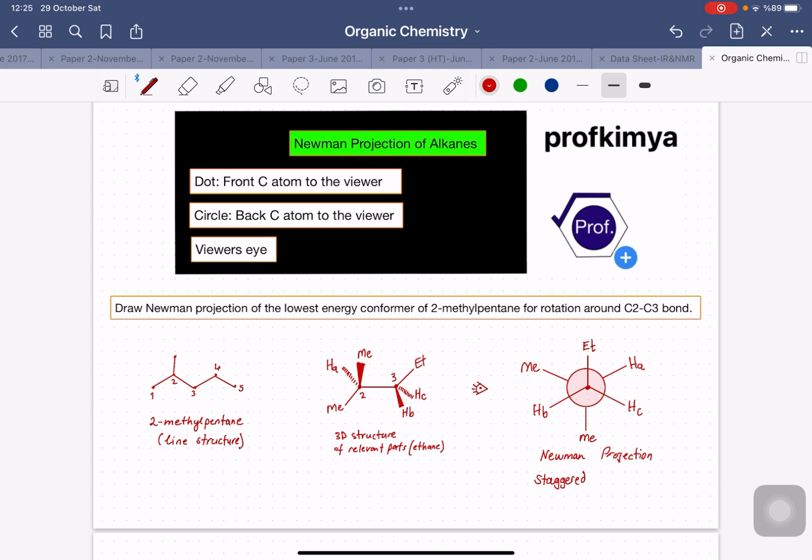But staggered conformation can have different types as well. If the substituents are in antiposition, this methyl group, this ethyl group, can you see, is in antiposition conformation.